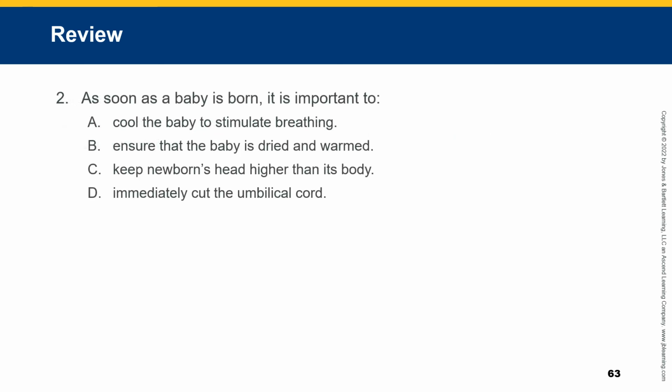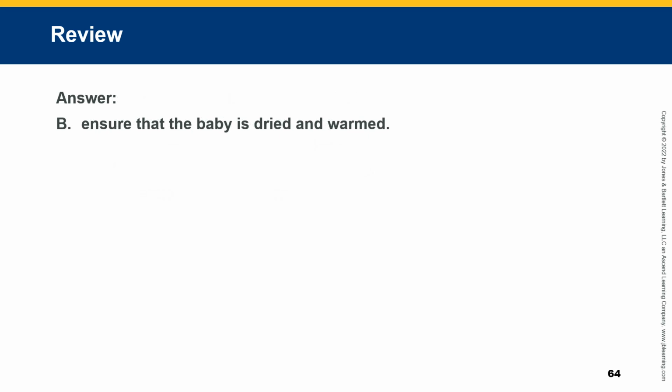Question 2. As soon as a baby is born, it is important to A, cool the baby to stimulate breathing, B, ensure the baby is dried and warm, C, keep the newborn's head higher than its body, or D, immediately cut the umbilical cord. This one should be pretty easy for you. The correct answer is B, ensure that the baby is dried and warm.